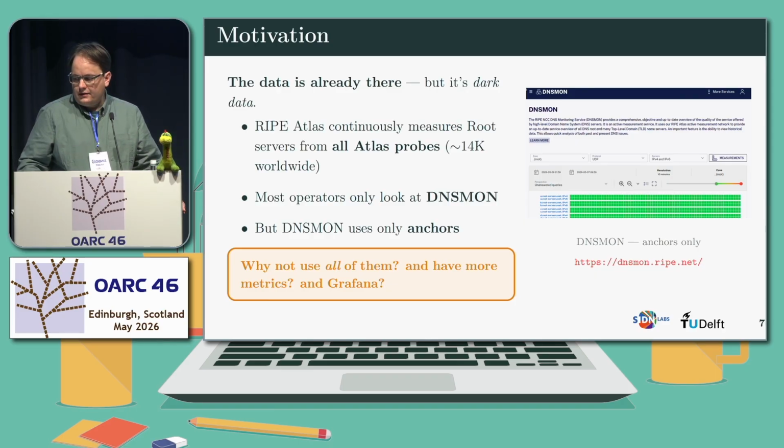And if you talk to operators, what they usually use is DNS-Mon, which is a subset of the Atlas probes: the nice, neat probes, the anchors. They sit in data centers, but I thought, why not use all of them? Get everything and put it in a state-of-the-art dashboard like Grafana.